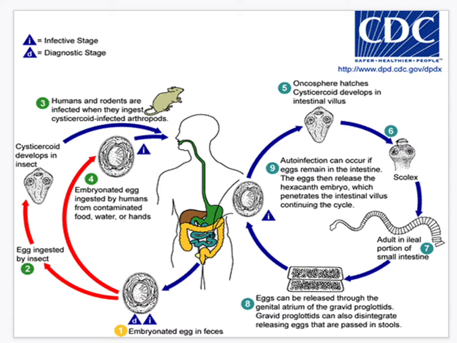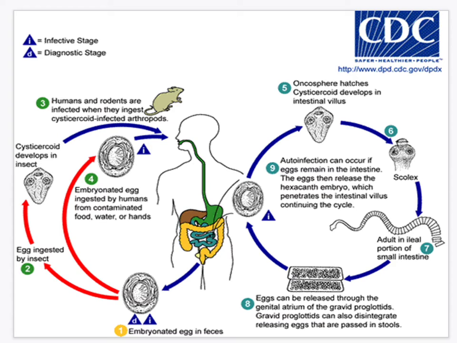The cysticercoid larvae are released and will eventually develop into the adult tapeworms in the intestine of the host. So, in the indirect pathway, what we ingest is the cysticercoid larvae.